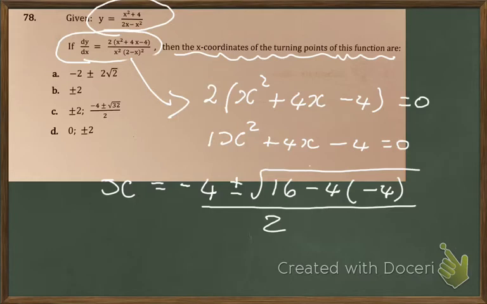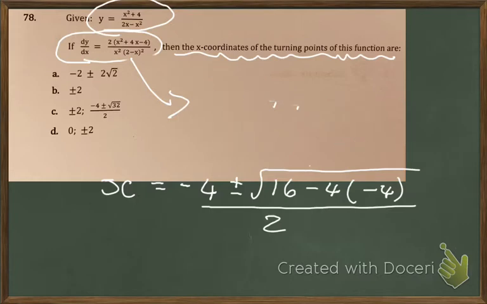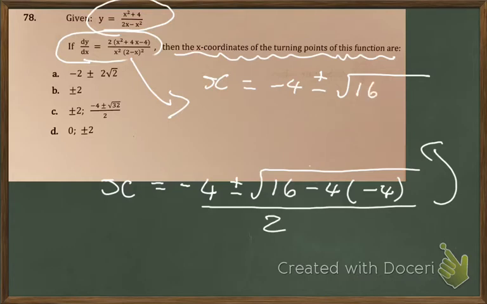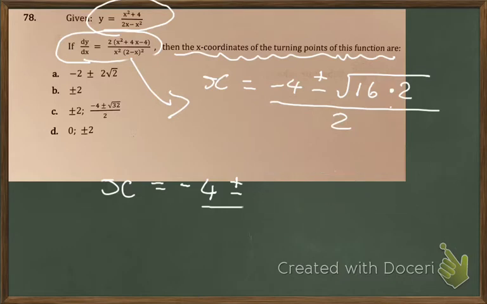I'm going to make myself some space here, and so as we simplify this, we will get x is equal to minus 4 plus or minus the square root of 16 minus 4 times minus 4, which is 16 plus 16, which is 32, or 2 times 16. I'm going to write it as 16 times 2, divided by 2.